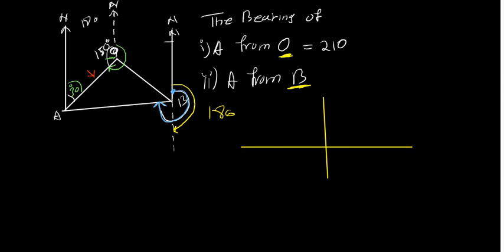Here we have a 90 degrees angle, and here we have a 90 degrees angle. So when you add these two, you get 180 degrees. If you add another 90 degrees, you get 270. When you add another 90 degrees, you end up getting 360. So that's how those angles come about.